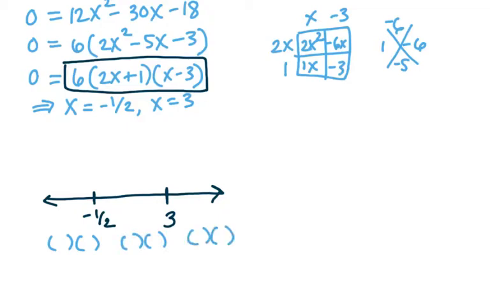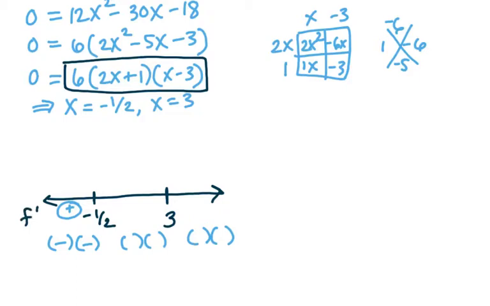So for instance, if we pick a number to the left of negative 1/2, like negative 5,000, obviously this is going to be negative, and this one will also be negative. And a negative times a negative gives me a positive for my derivative.